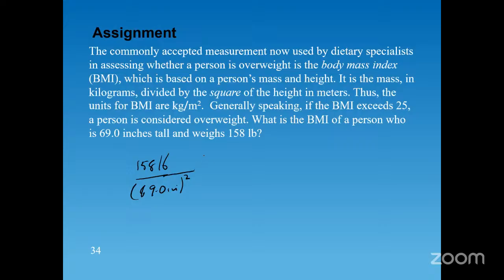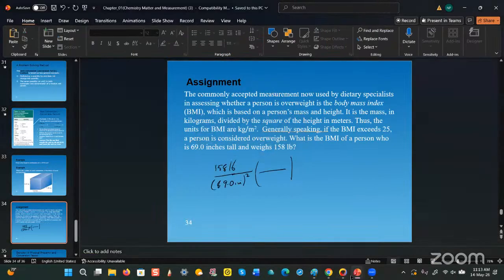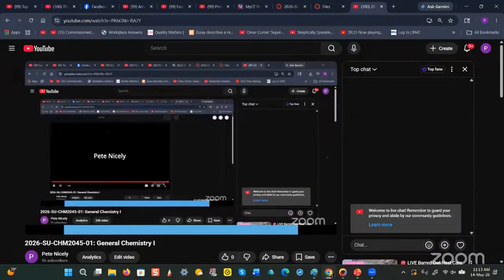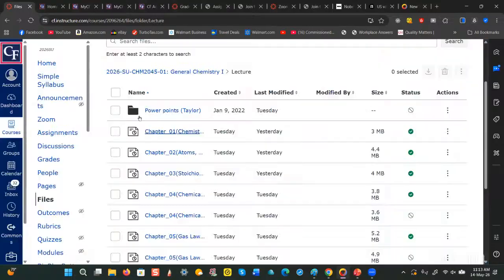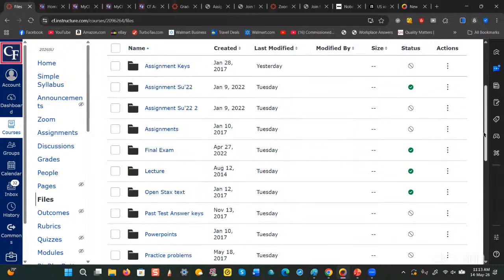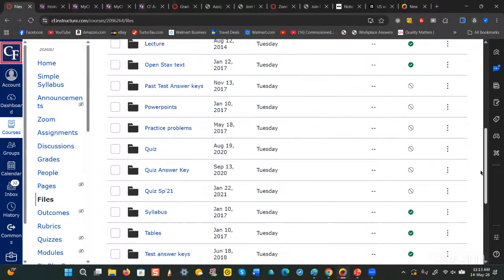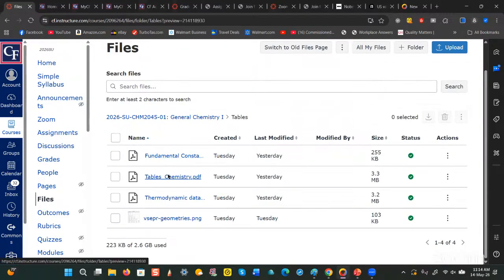Now, what I'm going to do is focus on converting from pounds to kilograms, right? And now I don't remember what the relationship is between the pound unit and the kilogram unit. Let me see if I can find the table. Tables. Okay, so this is the table.